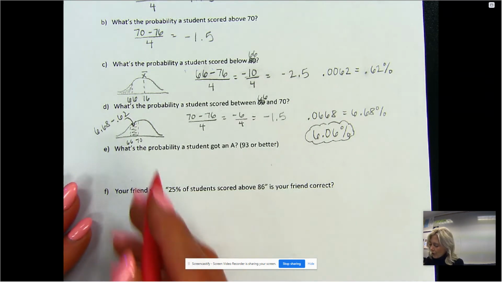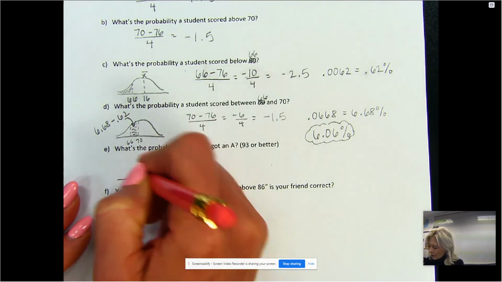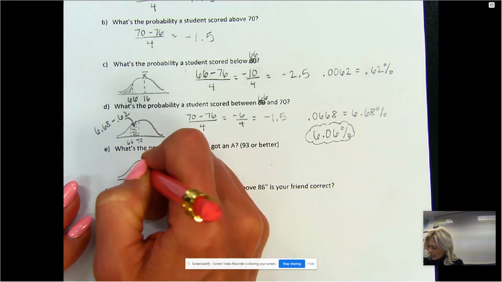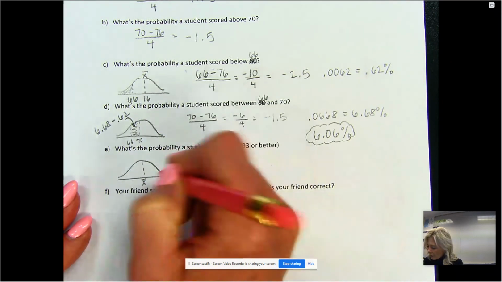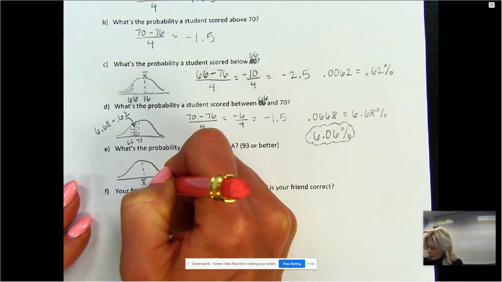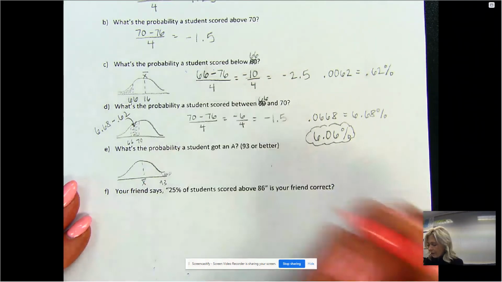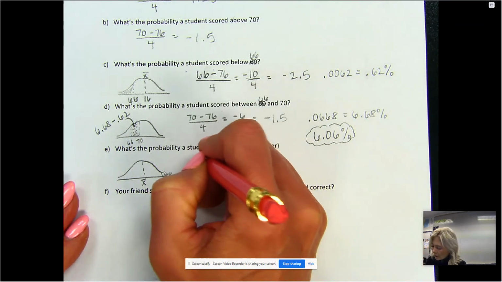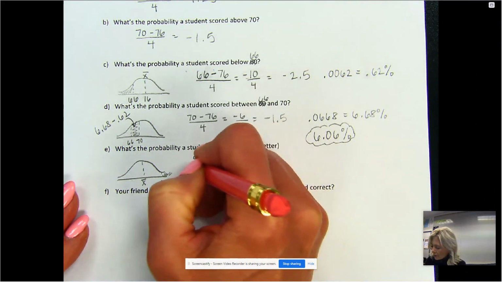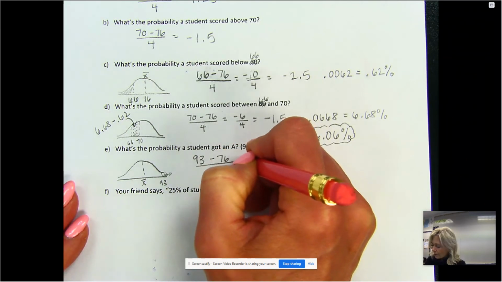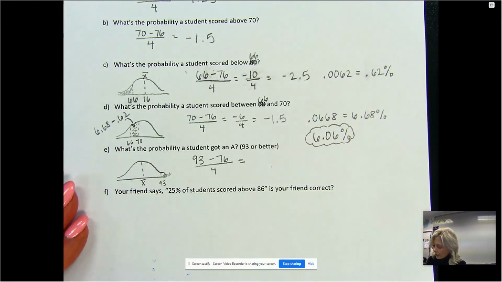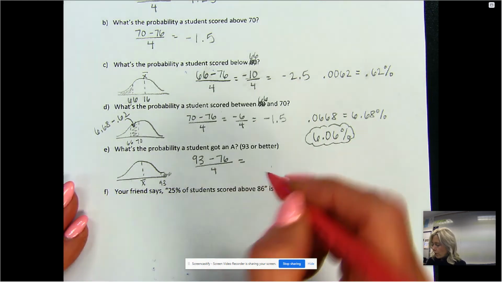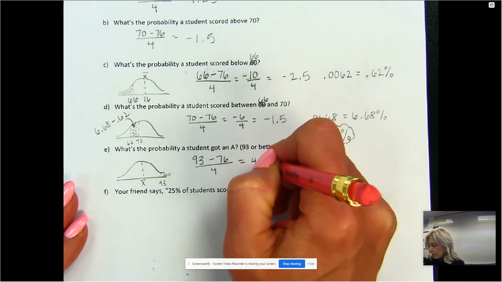All right, so what we're looking for, again, up here is 93. We're looking for this part here, okay? And so the z-score, 93 minus the mean divided by the standard deviation. So 93 minus 76 is 17 divided by 4 is 4.25.